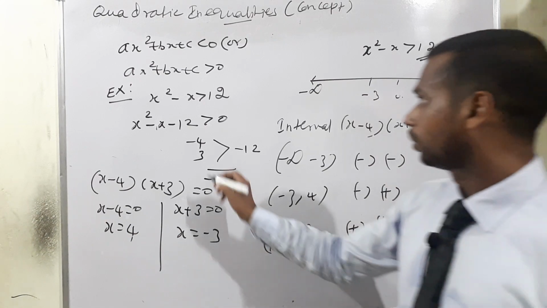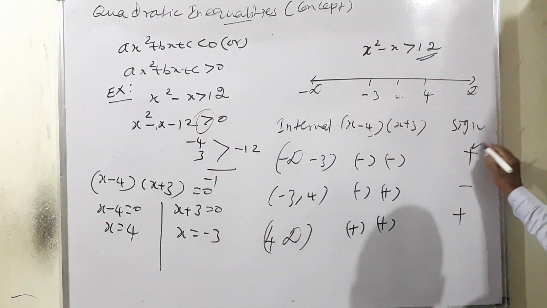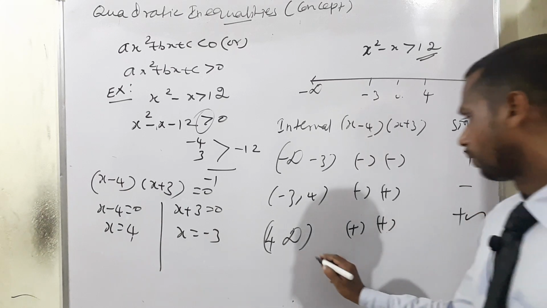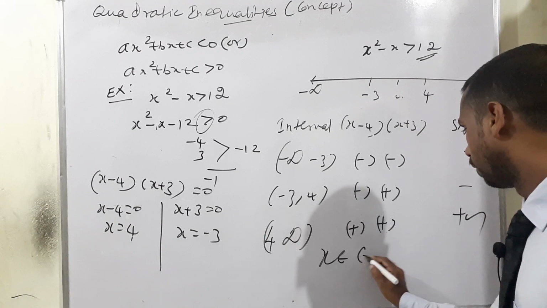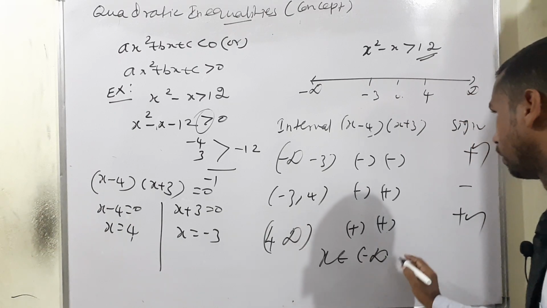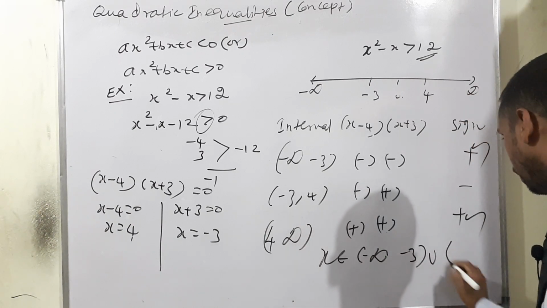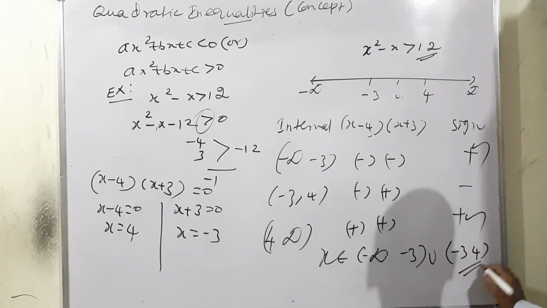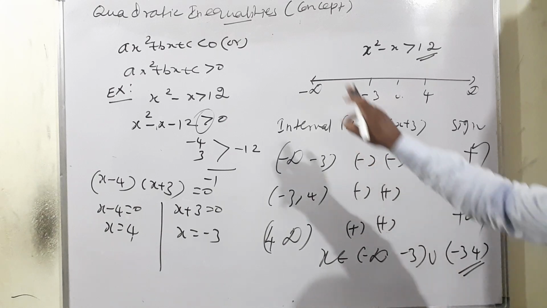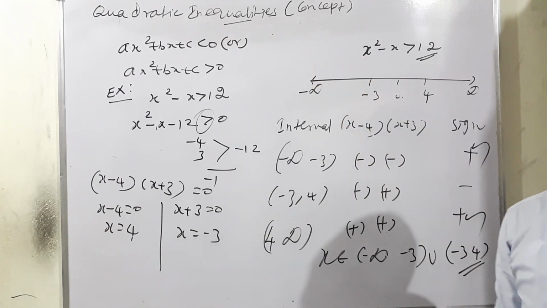The condition is greater than 0. Therefore, first one and last one. Therefore, x belongs to the open interval minus infinity to minus 3, union 4 to infinity. This is the way we can find quadratic inequalities. I will continue with the next question.